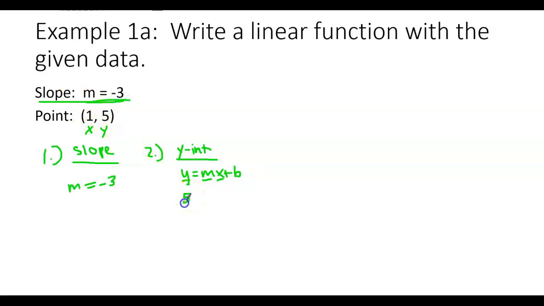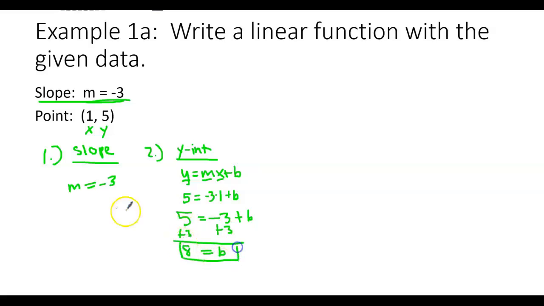So I'm going to replace y with 5, m with -3, and x with 1. And then from there, we just have to solve it. So multiplication first, -3 times 1 is -3. And then to solve for b, all you have to do is add 3 on both sides, and b will be all by itself. And so now we have the fact that b equals 8.